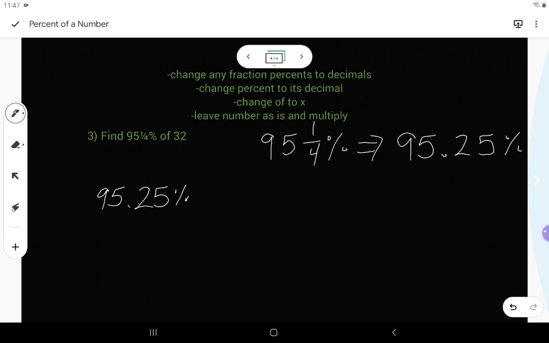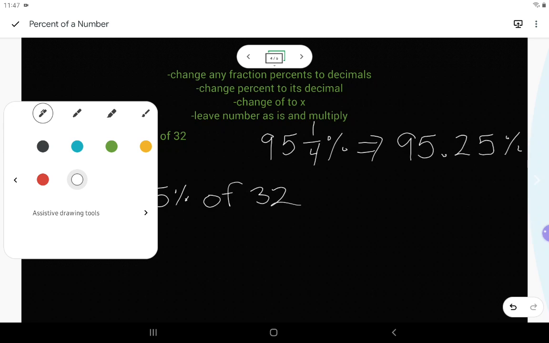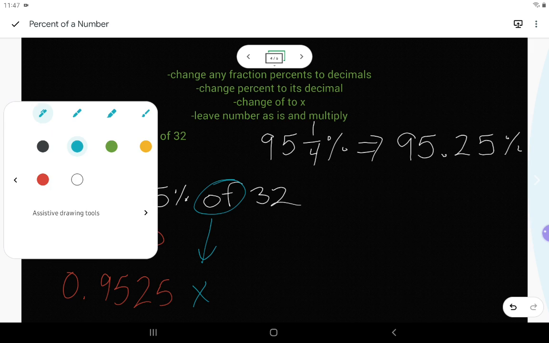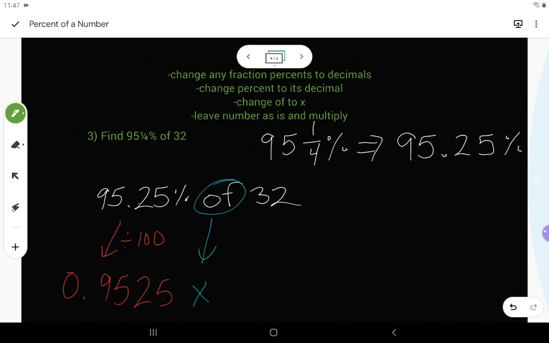Okay? All right, so now I have 95.25%. That percent sign is still there, of 32. Remember, I have to keep that percent sign until I've divided by 100. So I'm going to take my 95.25% and divide by 100. And that gives me 0.9525. Then I'm going to take my of and change it into a multiplication, because of in math means multiply.